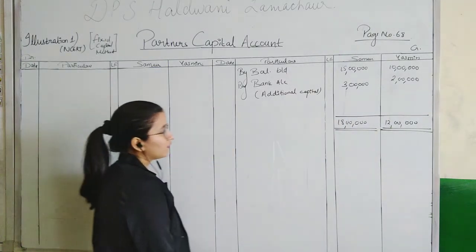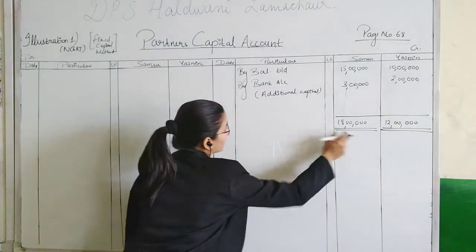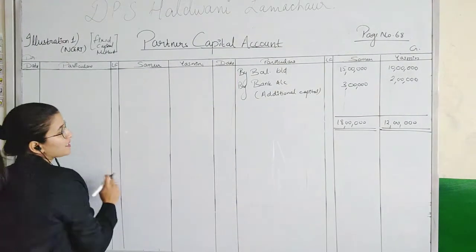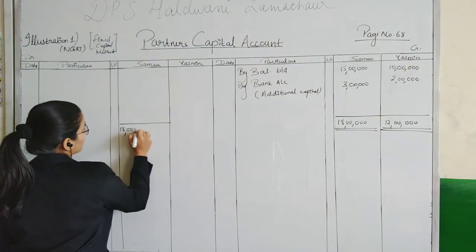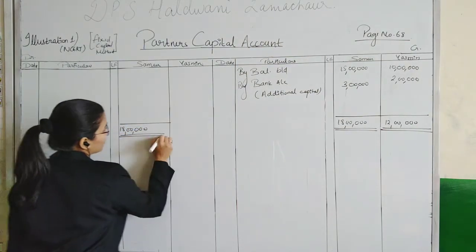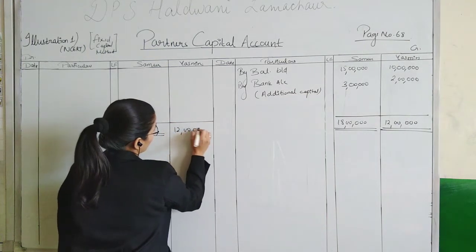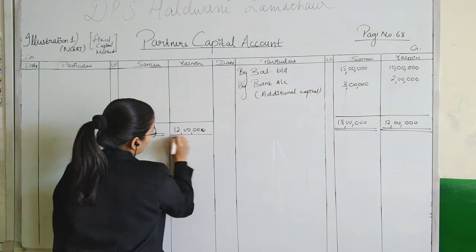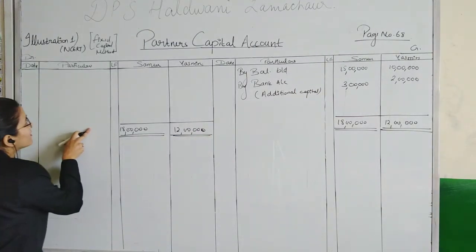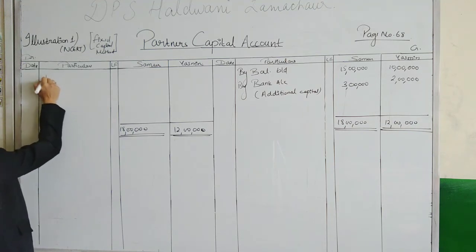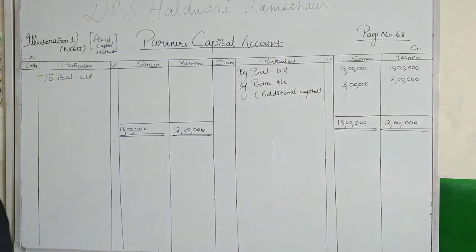As we know, there is only a credit balance, so to balance both sides, we write the total amount on the debit side also. 18 lakh and 12 lakh. This is the balancing figure. The balancing figure will be written as to balance carried down.